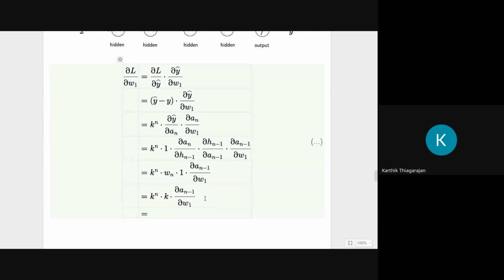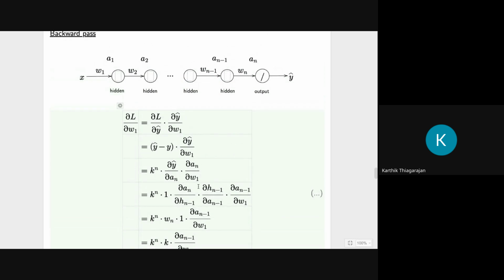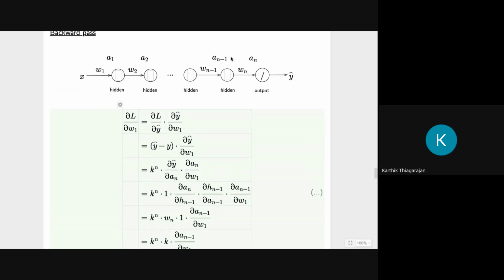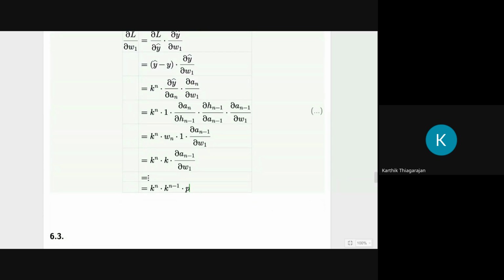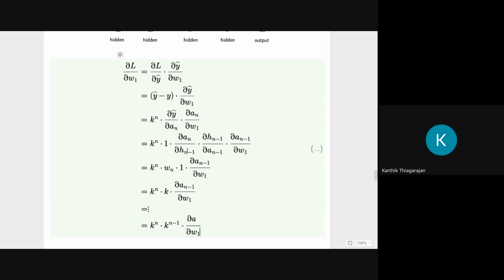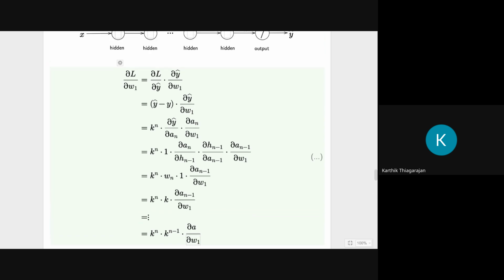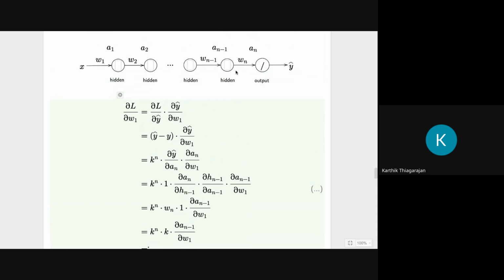So k power n is the output, and then you have done this n minus 1 times. And you have reached dou L by dou A1 by dou W1, going all the way back.